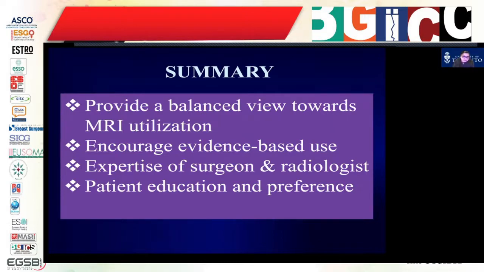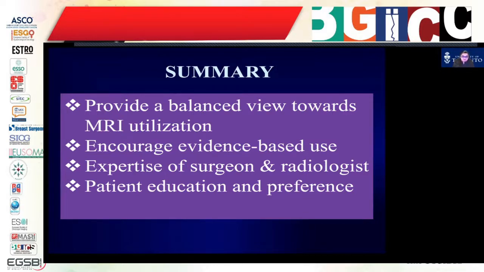And of course, the expertise of the surgeon and radiologist is very critical. In the hands of an expert surgeon and an expert radiologist, the outcome is always going to be excellent. There's also a great deal of patient education required to counsel women about the MRI findings and what they mean, so that they make a proper decision with respect to their management.